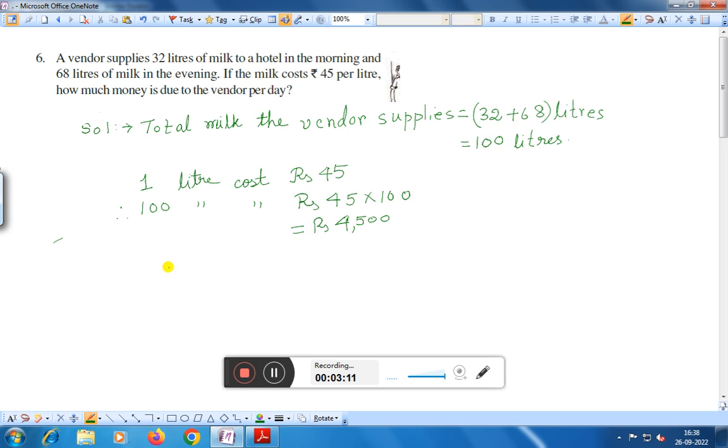Therefore, the question is, the milk cost is 45 per liter, how much money is due to the vendor per day?